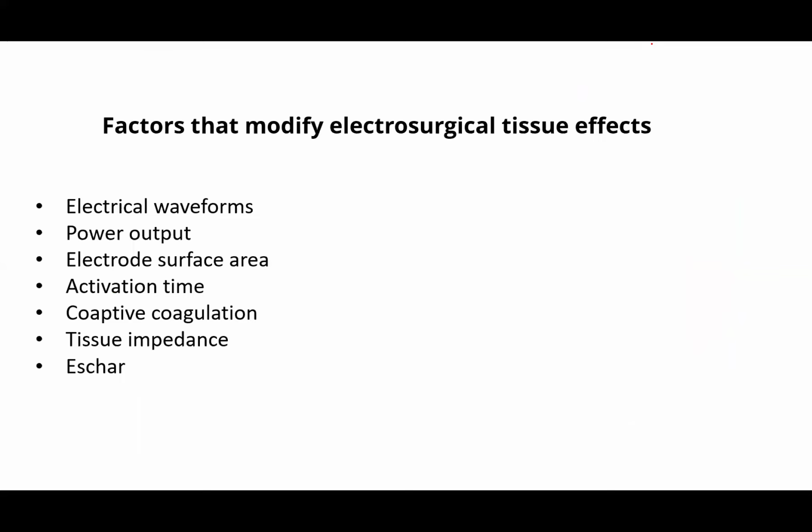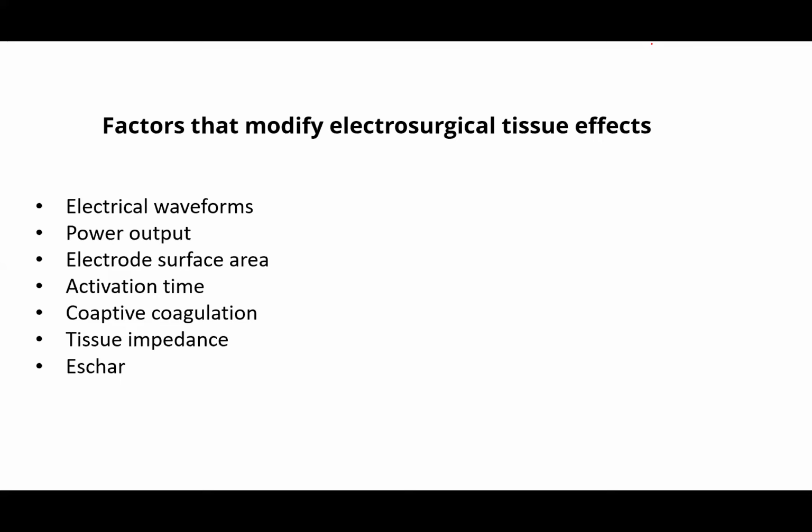Factors that modify electrosurgical tissue effects, like electrical waveforms. We've talked about that, whether cutting, coagulating, or blending. Then you have power outputs. We mentioned higher outputs have more desiccation of tissue and a tendency for more complications.